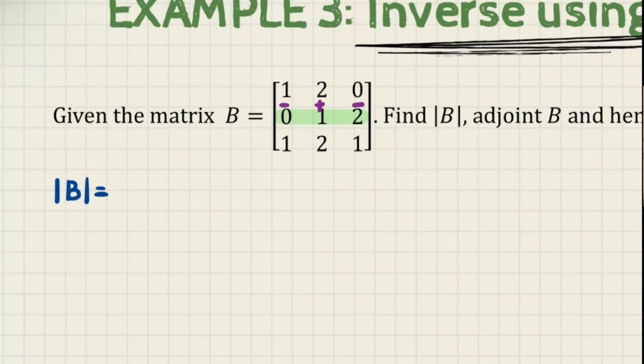Betul tak? Sebab asalnya kat sini adalah positive, negative, positive, negative, positive, negative, positive, negative, positive. Okay, so ini asal dia. So our formula for determinant will start with negative multiply by 0. Okay, tapi dia akan jadi kosong kan? So saya terus gunakan 1 ni lah.